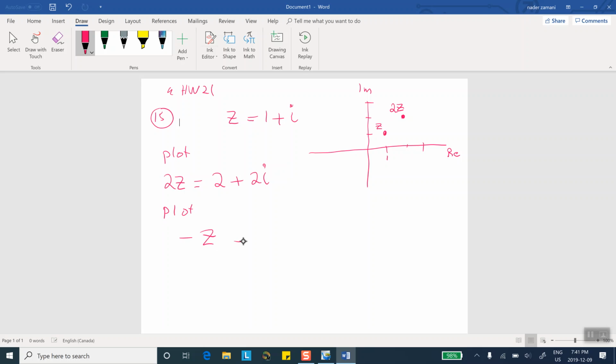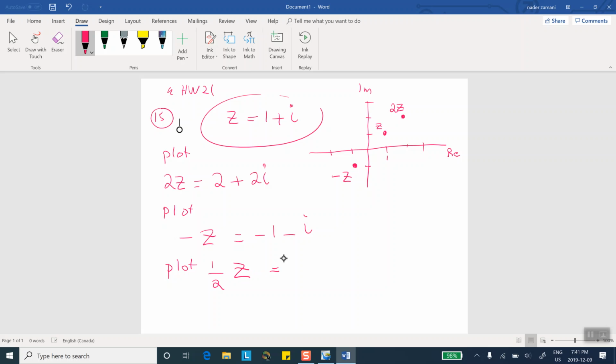It says, plot minus z. Well, what is minus z? It is minus 1 minus i. If this is z, minus z is minus 1 minus i. So you go negative to the left, negative down below, and there is your minus z. And finally, it says plot 1/2 of z.